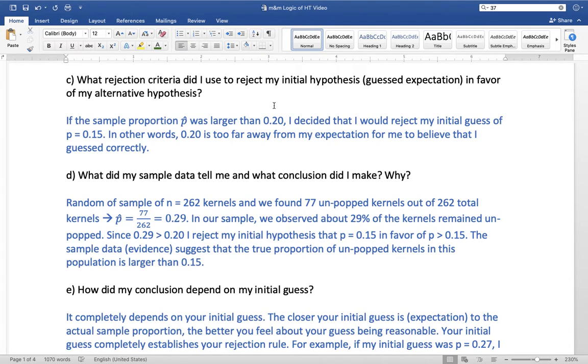So I expect 15%. If I get 20% or more, then I'm going to start to question whether or not I guessed correctly, and I would probably reject my 15% guess. So we would say we would reject my hypothesis.